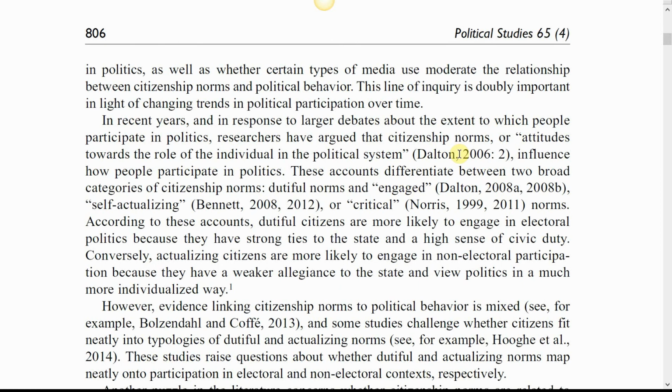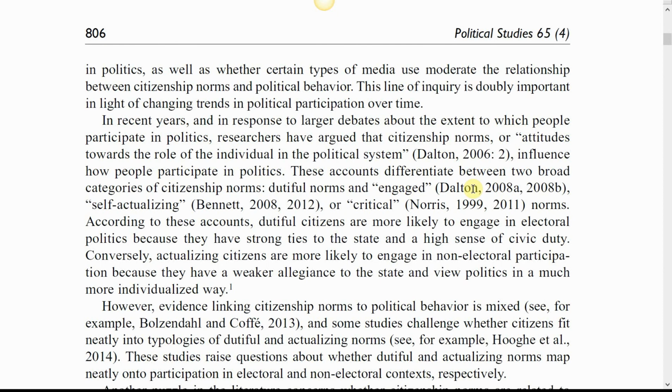Then they go on to say that not only Dalton in 2006, but in subsequent work in 2008 and 2009, as well as Bennett in 2008 and 2012, and Norris in 1999 and 2011, have discussed different types within citizenship norms. This is what I was referring to at the beginning when I said there's the broad idea and then different types within it.